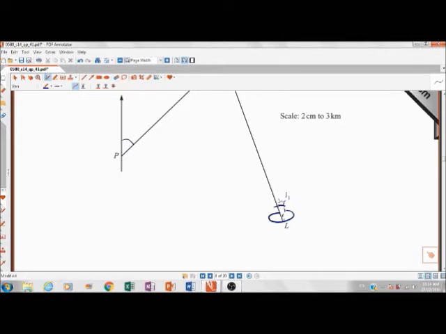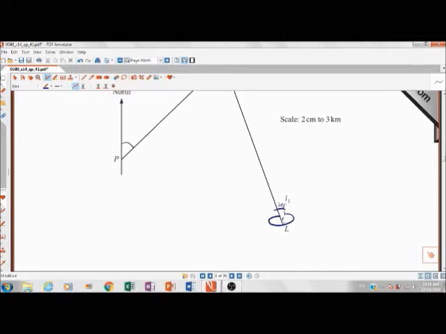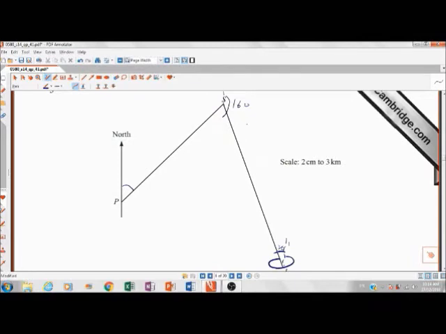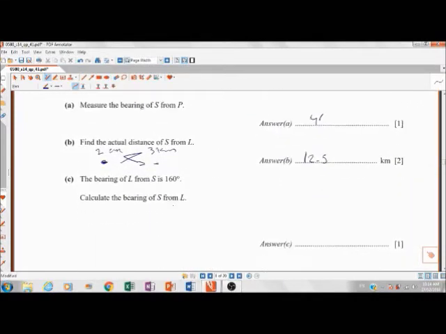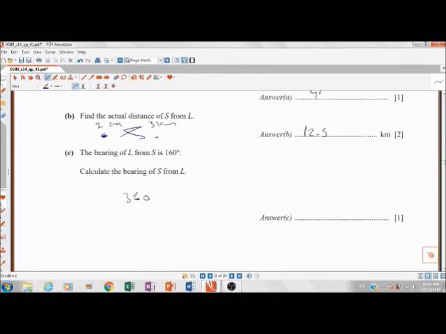So in order to find this, you need to find this first, X, you can say. We know the sum of the two interior angles is 180. So this is 20, which is 180 minus 160. And so 360 minus 20, you get the answer, that's 340. That's the bearing.